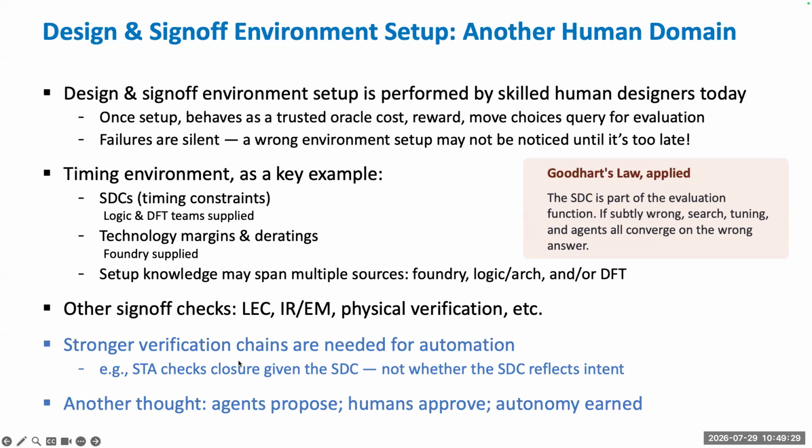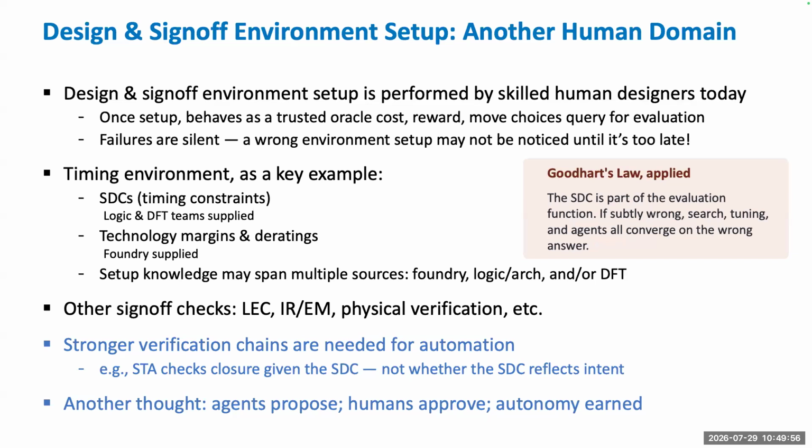And so, a couple of thoughts. Having stronger verification chains could be an angle here. For example, for an SDC, can we have some chain that reflects the intent rather than having it fully separated from the purpose, just a number? Another thought is that maybe agents can help us here, but we still have an approval process.